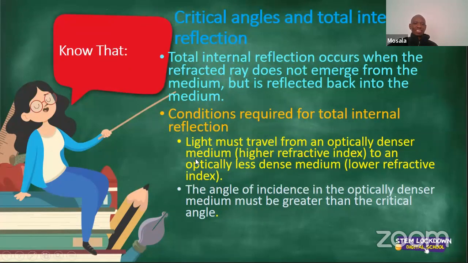The first condition is that light must be traveling from an optically denser medium to an optically less dense medium. For instance, if light is traveling from water to air, then total internal reflection can occur. The second condition is that the angle of incidence in the optically denser medium must be greater than the critical angle. And now let's ask ourselves, what is this critical angle?